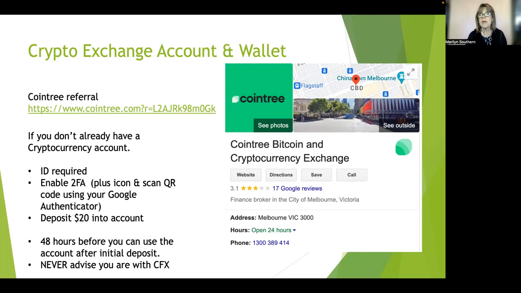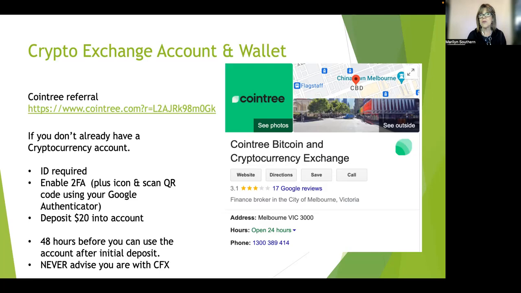So when you deposit your crypto with CFX, it's out of the tracking of the ASIC and the ATO. So of course, if you say that you are going to be sending funds to CFX, they will block your account or stop your account, and you will not be able to use it because they need to comply with the regulations that they have been given.